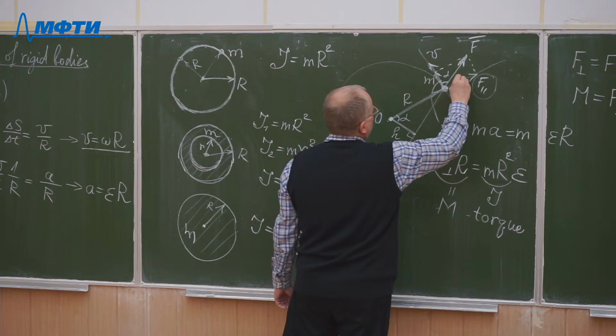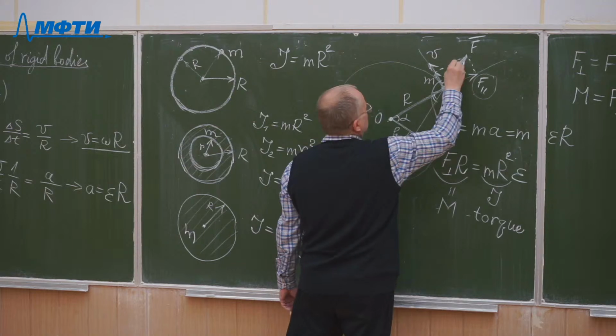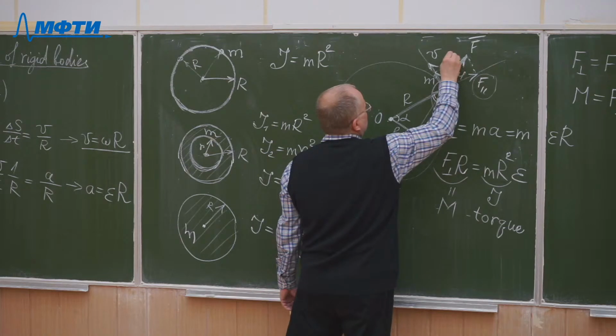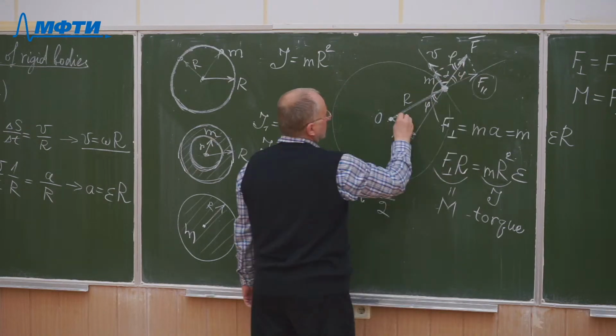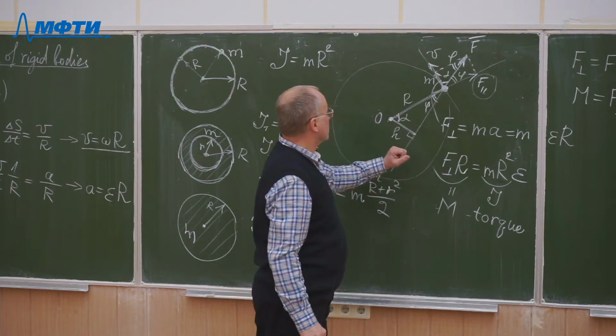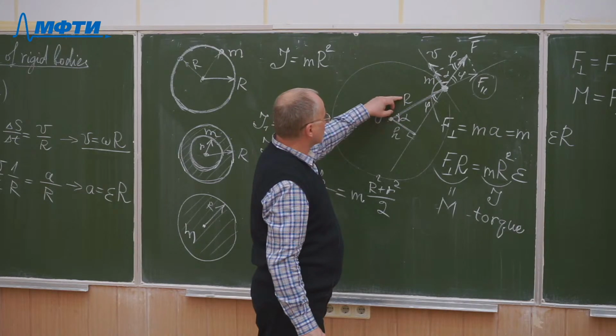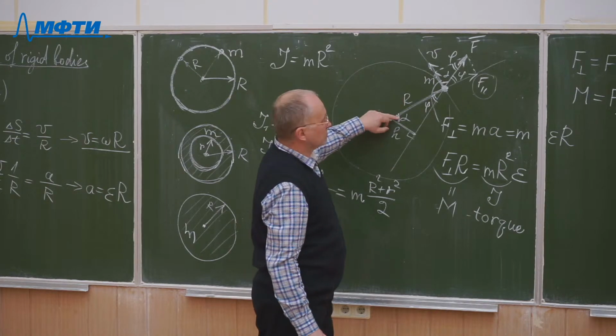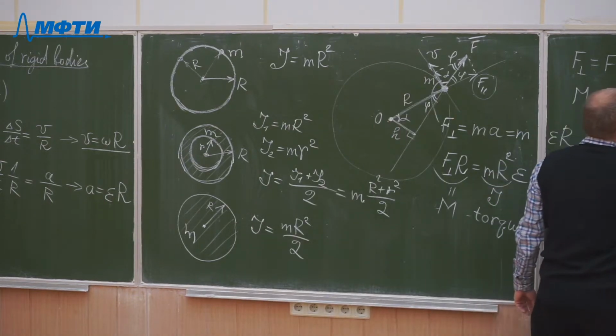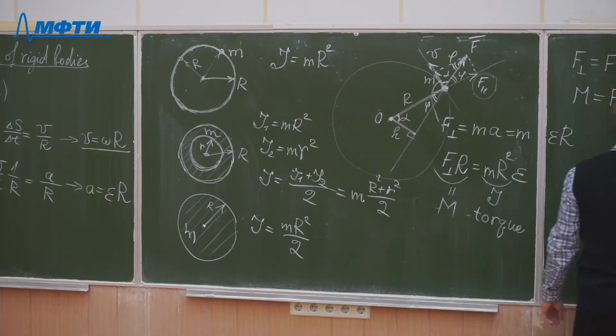And so in this right triangle, this is the angle phi, and this is the angle phi, and another angle of the right triangle should be alpha. Inevitably, it should be the same angle. So here is alpha, and so h equals r cosine alpha. This is h.